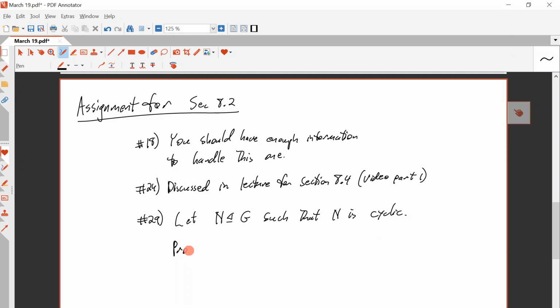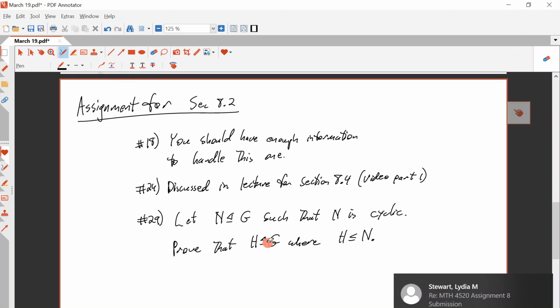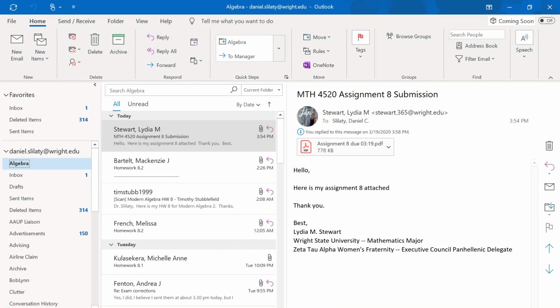Prove that H is a normal subgroup of G where H is any subgroup of N. Okay, so any subgroup of a normal cyclic subgroup of G is going to be normal again. Now that's not true in general at all for just general subgroups, but with cyclic subgroups it does work.